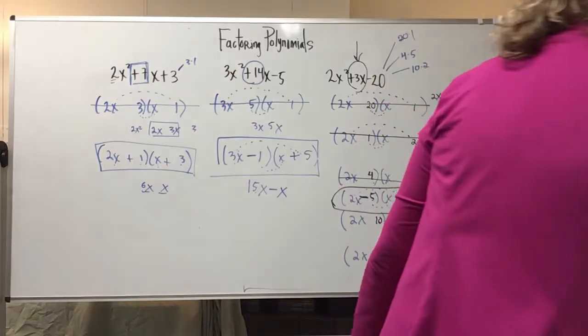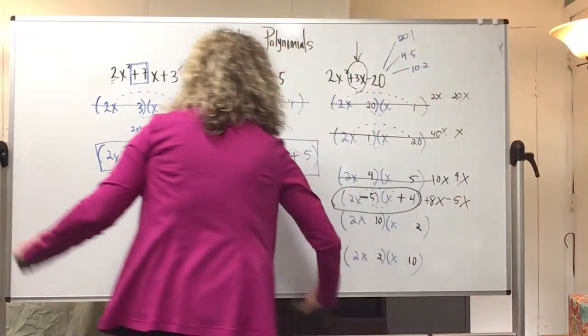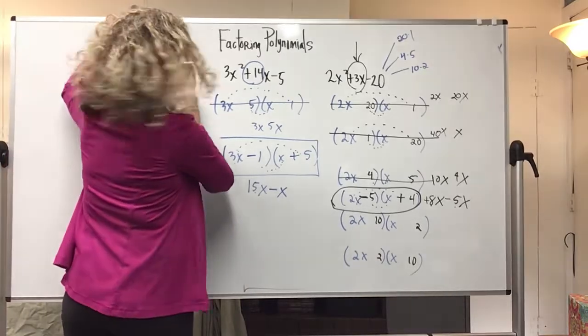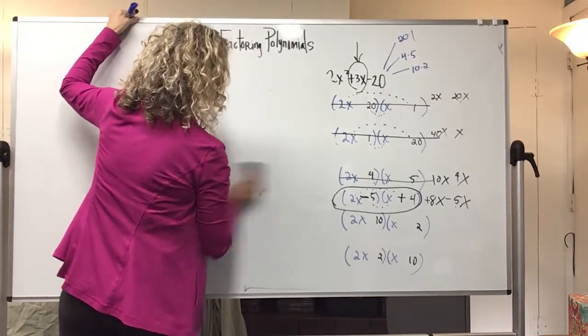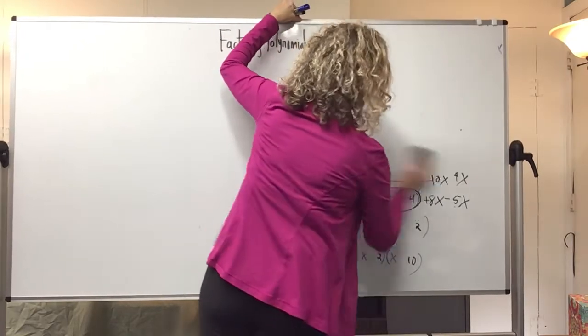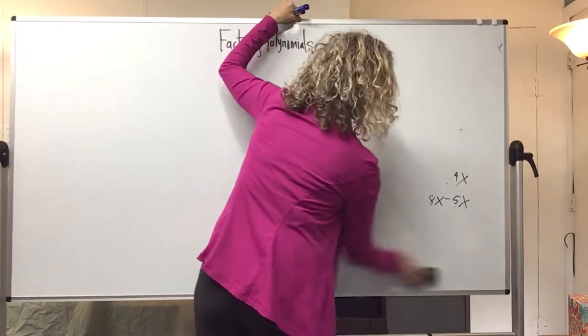Now we're going to move on to difference of squares. I think you're going to like difference of squares. It is pattern based. It is very quick in general to see and to factor.